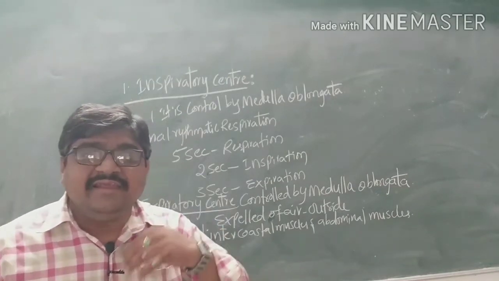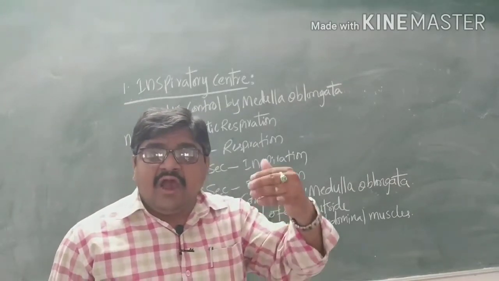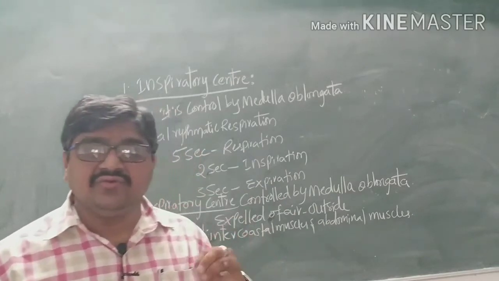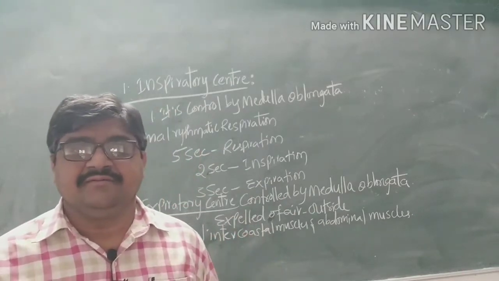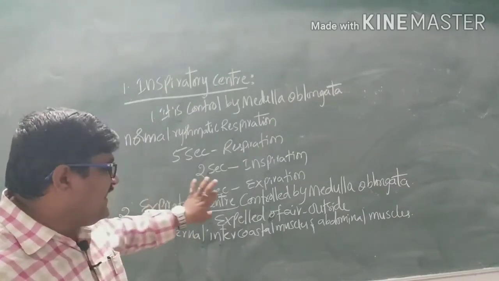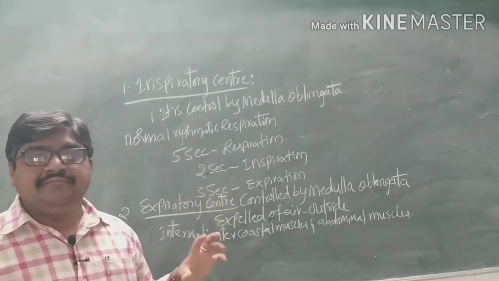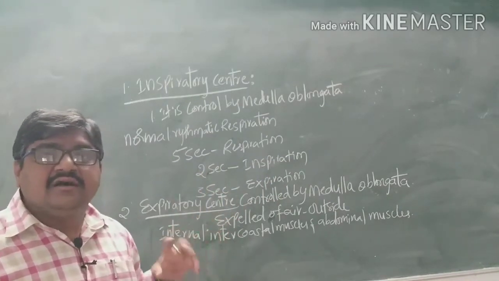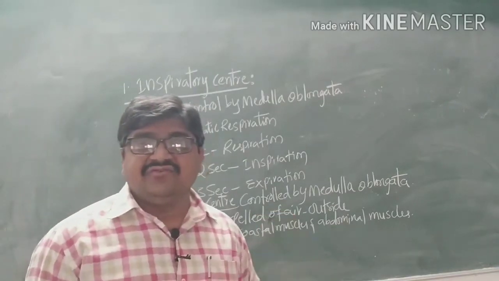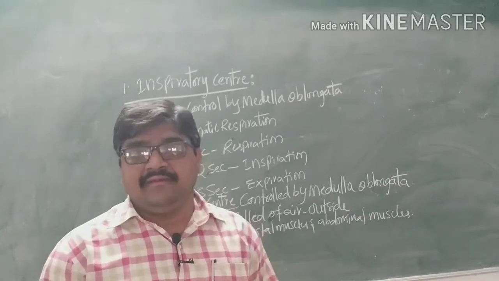So the air present in our body will be expelled outside into the atmosphere. That is mainly done by the expiratory center, which is controlled by the medulla oblongata. Now, coming to the third one, the pneumotaxic center, which is controlled by the pons varolii.